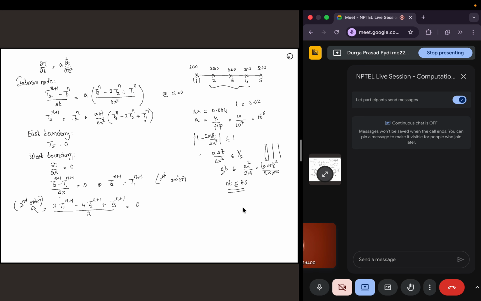But as you can see here, when I'm calculating the value of T2 at n plus 1, I'm using the T1 value at the previous time step. All these values are from the previous time steps. So when I'm updating the value of T2, it is actually seeing the boundary value at the previous time step.